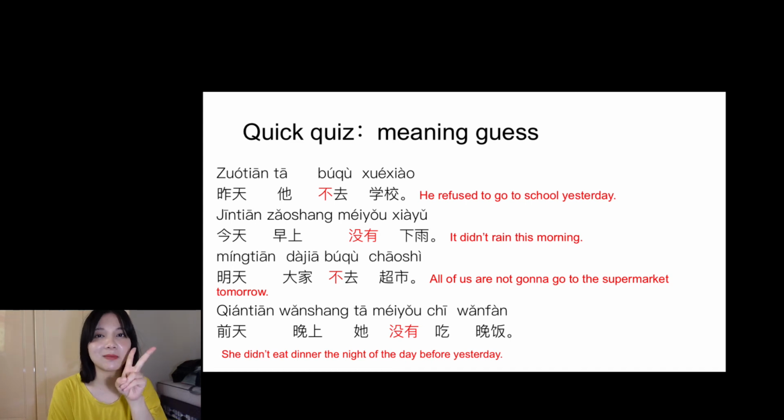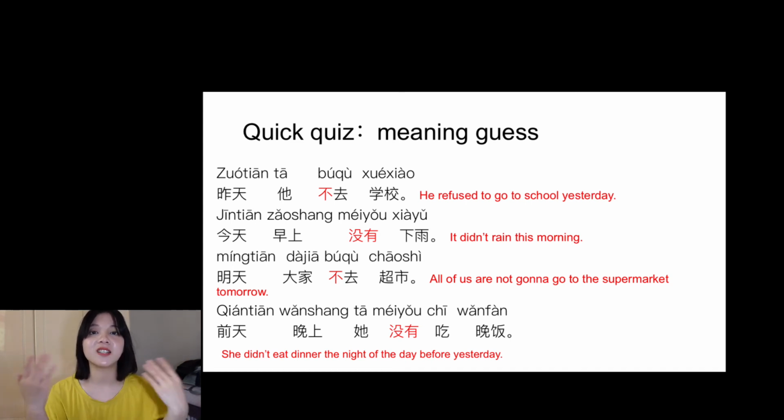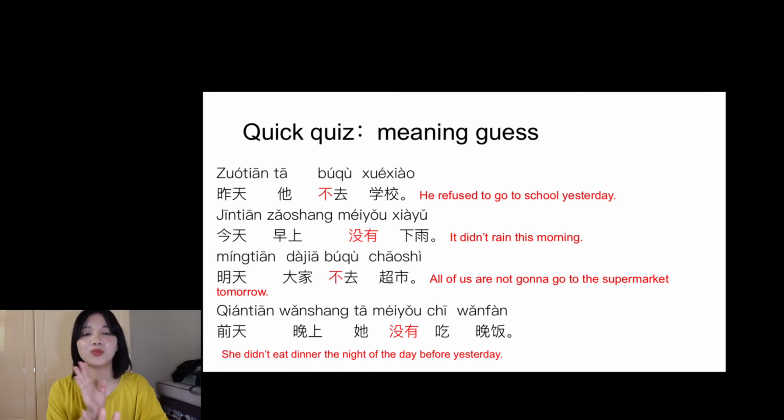And next one. 今天早上没有下雨。早上 is morning. 今天早上 this morning. 没有下雨, it means something didn't happen. So this sentence means it didn't rain this morning. And next one. 明天大家不去超市。明天 means tomorrow. 大家 everyone, 不去超市。So it's everyone's intention that they won't go to supermarket tomorrow.